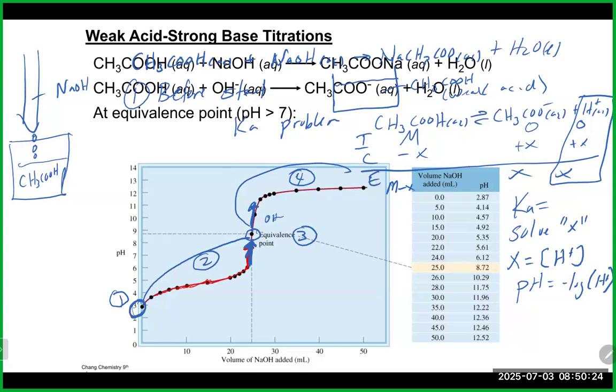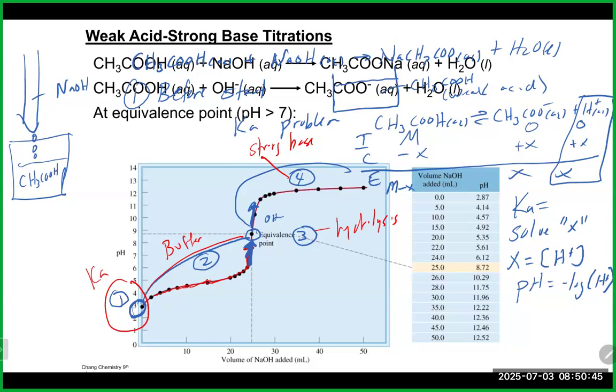So once again, here at the very beginning, we have just a weak acid, which is just a Ka type calculation. Over here, we're going to end up in a buffer type calculation. Here, we're going to end up in a hydrolysis calculation. And here, we're going to end up in a strong base calculation.